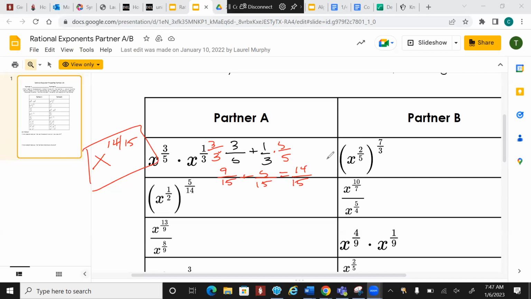All right, on partner B, what am I going to do? Multiply. So I'm going to take 2/5 and multiply it by 7/3. When I multiply straight across, I'm going to get 14 over 15. So my final answer will be x raised to the 14 over 15. Notice how these 2 things are the same.